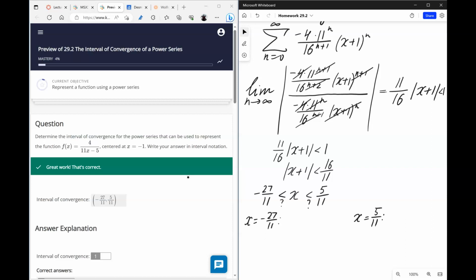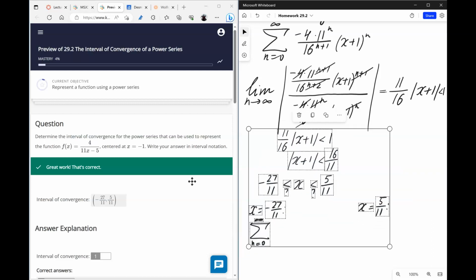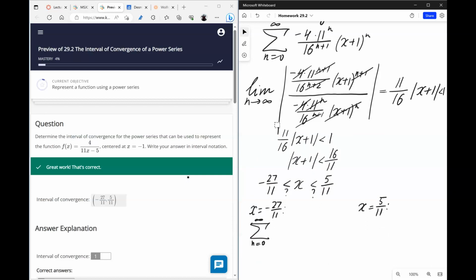So when x is equal to negative 27 over 11, our original series becomes, so again, I'm looking at the original series here, negative 4 times 11 to the n over 16 to the n plus 1, times negative 27 over 11 plus 1, which is negative 16 over 11, to the power n.